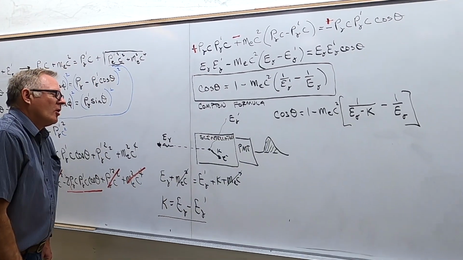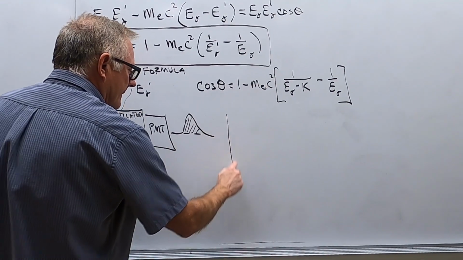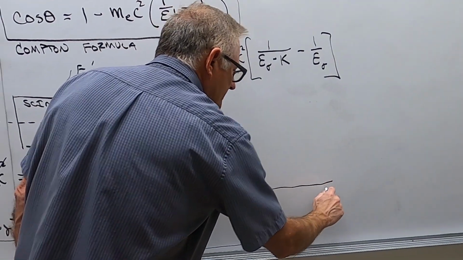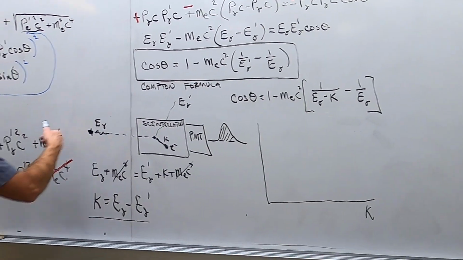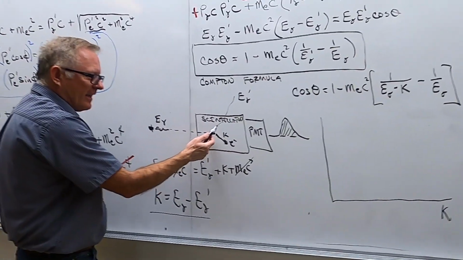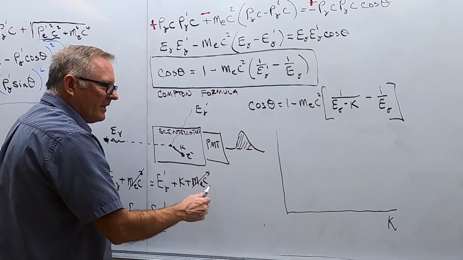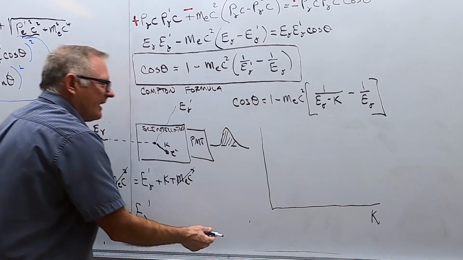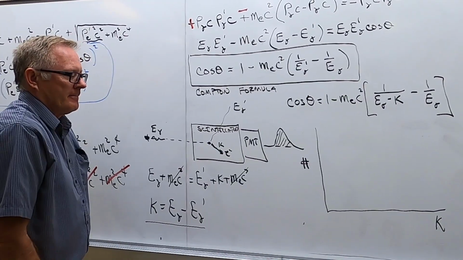Okay, so what would you get here if you were to make a spectrum of this? On here, what you're going to plot out is the kinetic energy for each event. Each time you get a Compton scatter, the electron pops out, you get a signal, you integrate the area, that gives you a certain kinetic energy, and this will be how many of those you got right here.